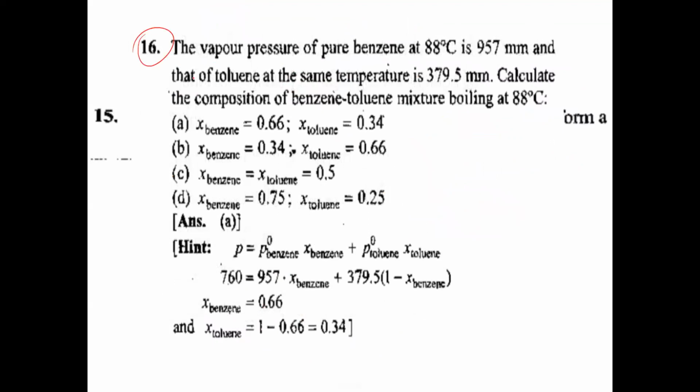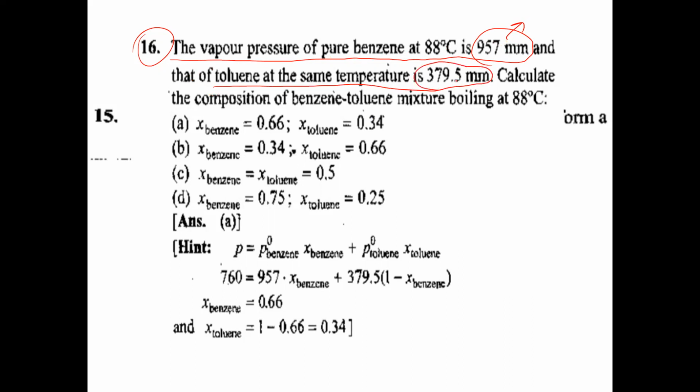So one more problem: the vapor pressure of pure benzene at 88 degrees Celsius is given here. It is the pure liquid benzene vapor pressure. And that of toluene at the same temperature is 379.5 mm.